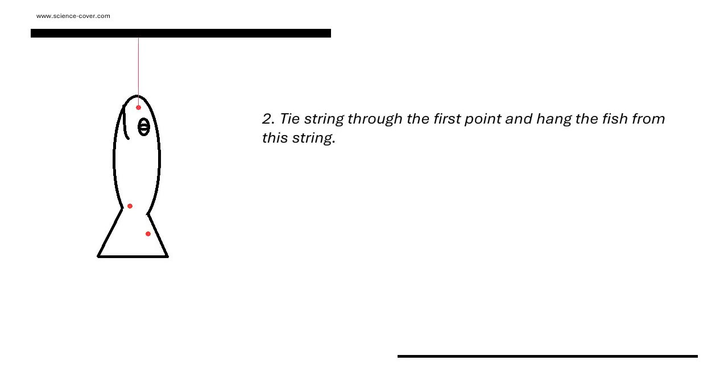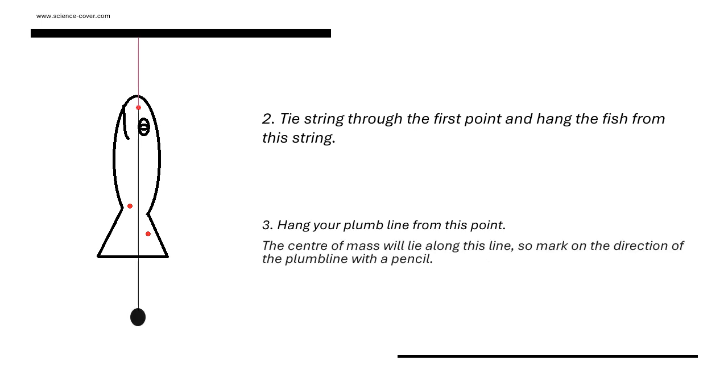Tie a string through one of the points and hang the fish from this string. Hang your plumb line from this point. The centre of mass will lie along this line, so mark the direction of the plumb line with a pencil.